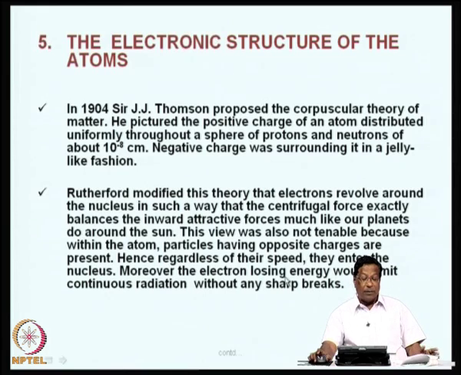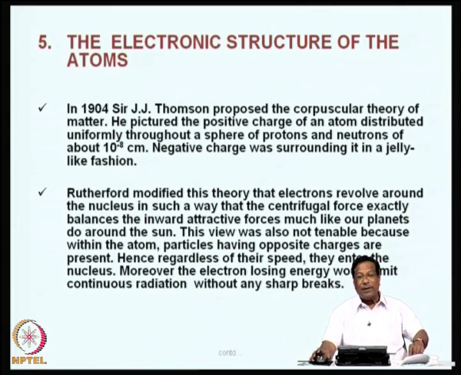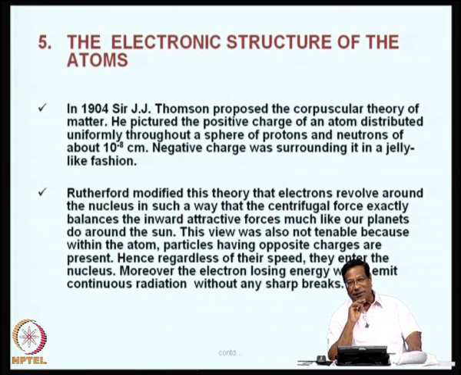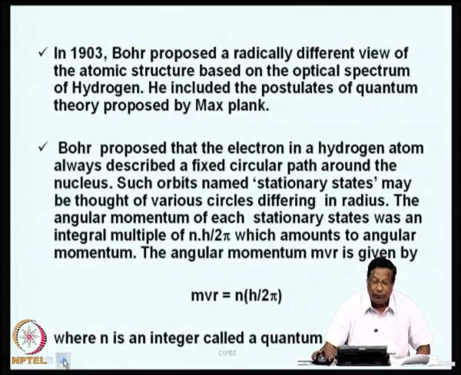This is again not possible, because our experience shows that the electron losing energy would emit continuous radiation without any sharp break. But what we actually see in a spectrum is a series of lines which represent specific amounts of energy. It is not continuous. First one line, then another line, there is a gap, and then another line, like that. When it works like this, we know that the spectrum is not continuous, and the theory has to be modified.